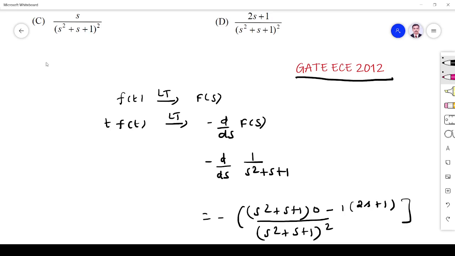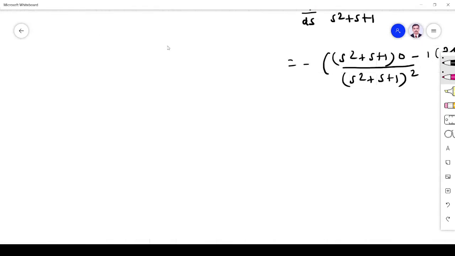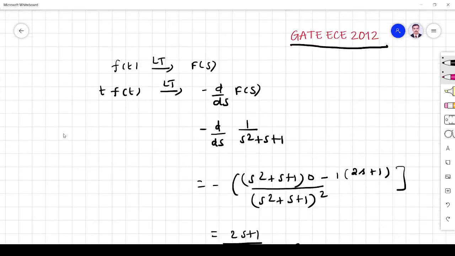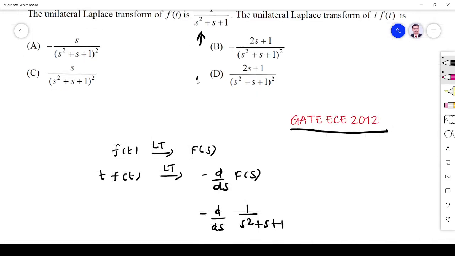So the answer is 2s plus 1 divided by s squared plus s plus 1 whole square. So option D is the right answer.